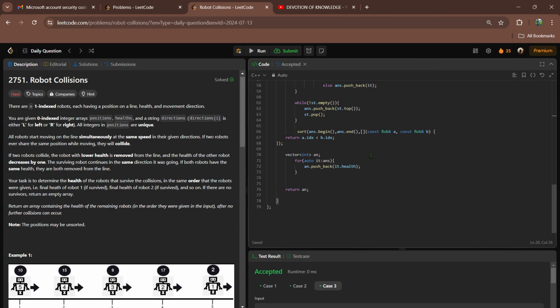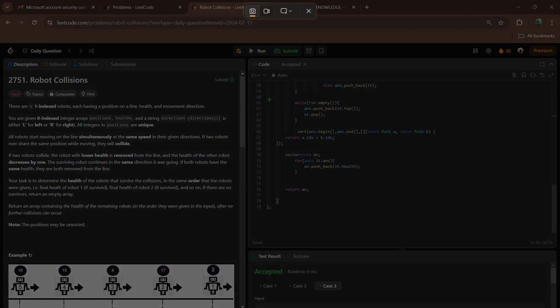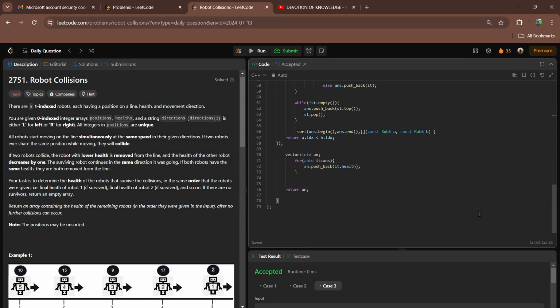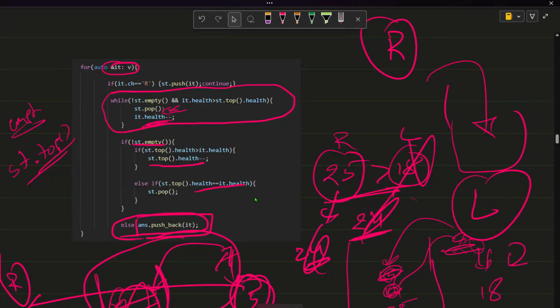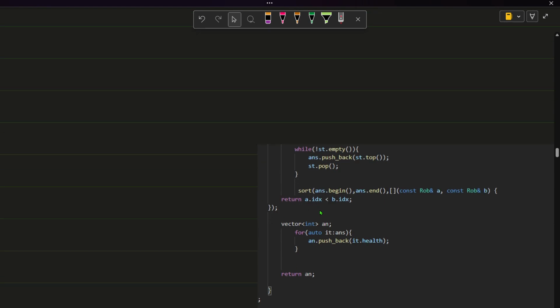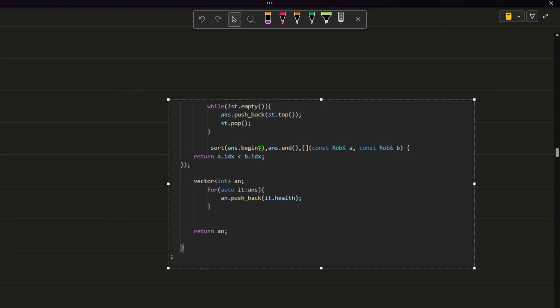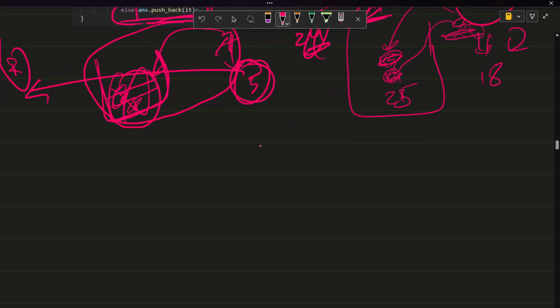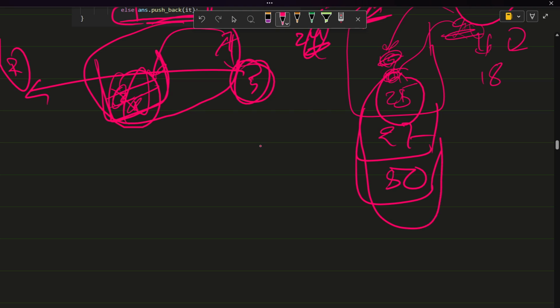Now comes the rest of the part, that was to give answer according to the position. While st.empty, because here in this case 25 was also present. For example, also another 27, also another with a health, suppose 50. So these three were still present in the stack.